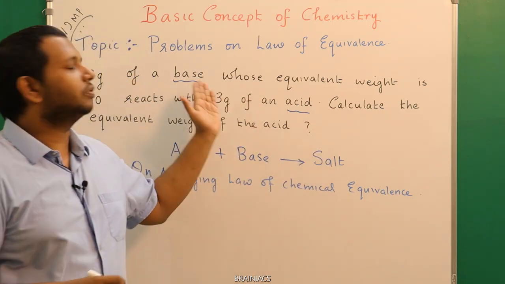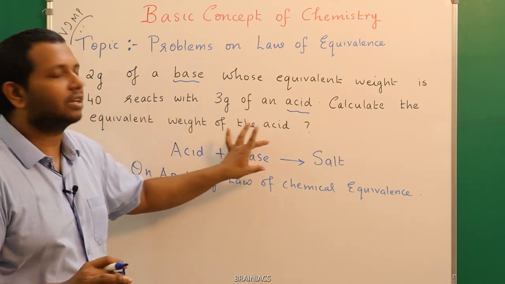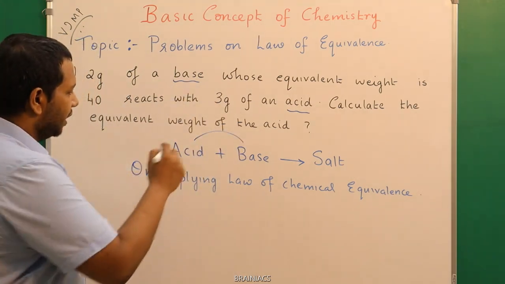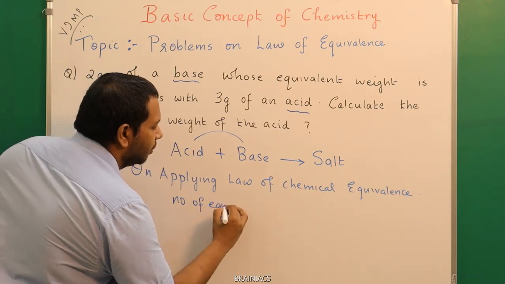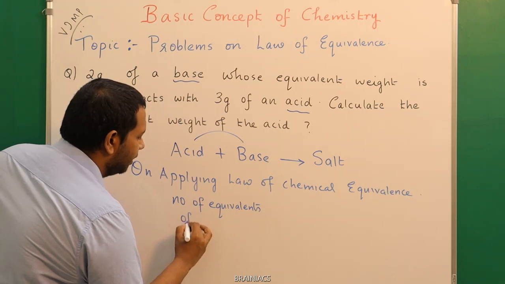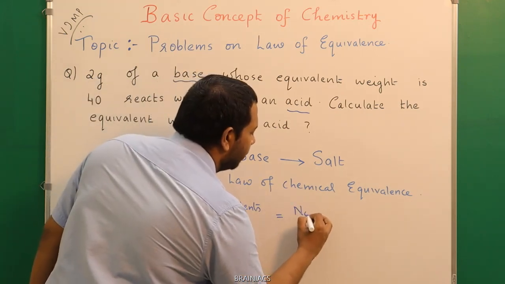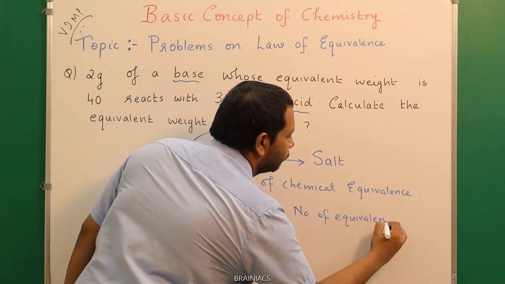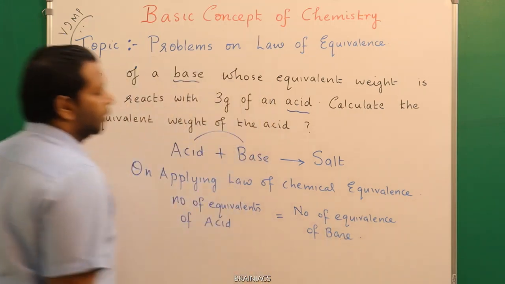But here in the question they are not mentioning anything about the salt. So I want to restrict to acid and base, as these two are the terms to be related here. So the number of equivalents of acid is equal to the number of equivalents of base. I have written it here.